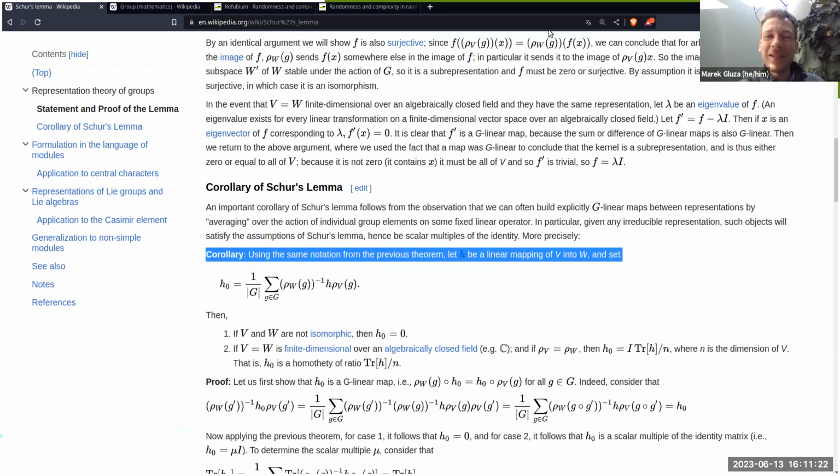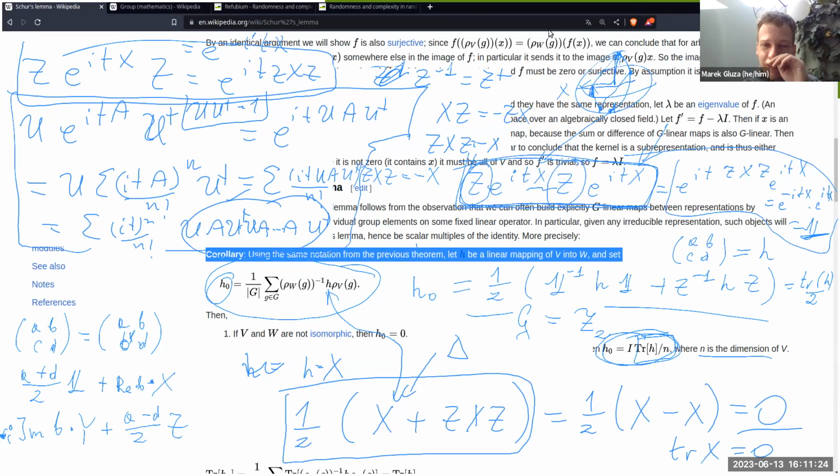Okay, so I'm telling you about some physics application here, and let me maybe recap a little bit. So Schur's lemma means that you are taking your matrices, your group representation, and you're summing over all matrices that you have. In this case, we are doing Z2, so we have two matrices.